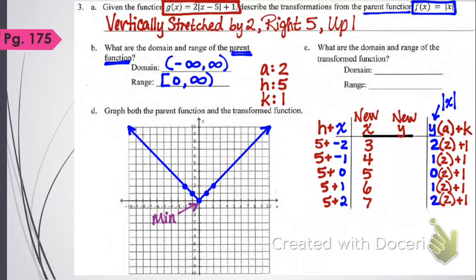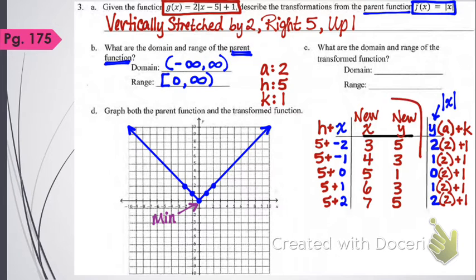So for my new y's, the first one is 5, because 2 times 2 is 4, plus 1 gives me 5. And then 3, 1, 1, 3, 5. Oh, it repeats, just like with our parabolas, because it does come back up on the other side.